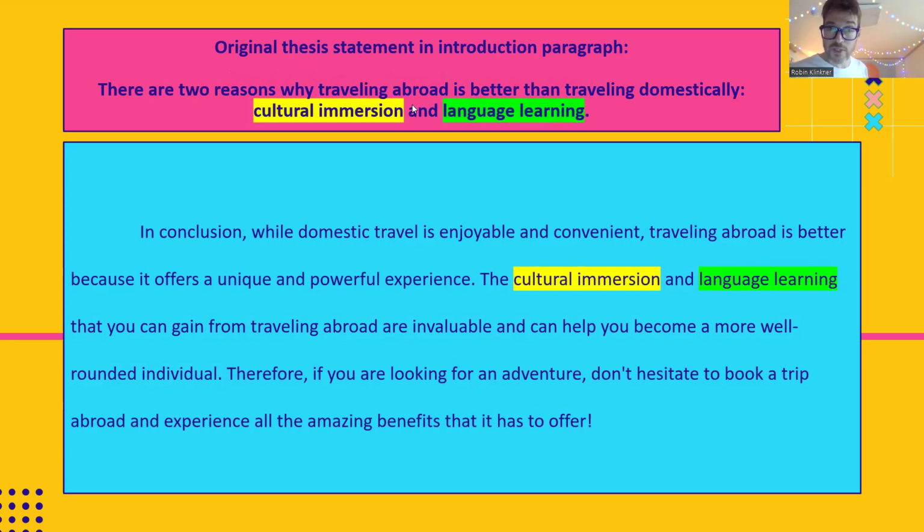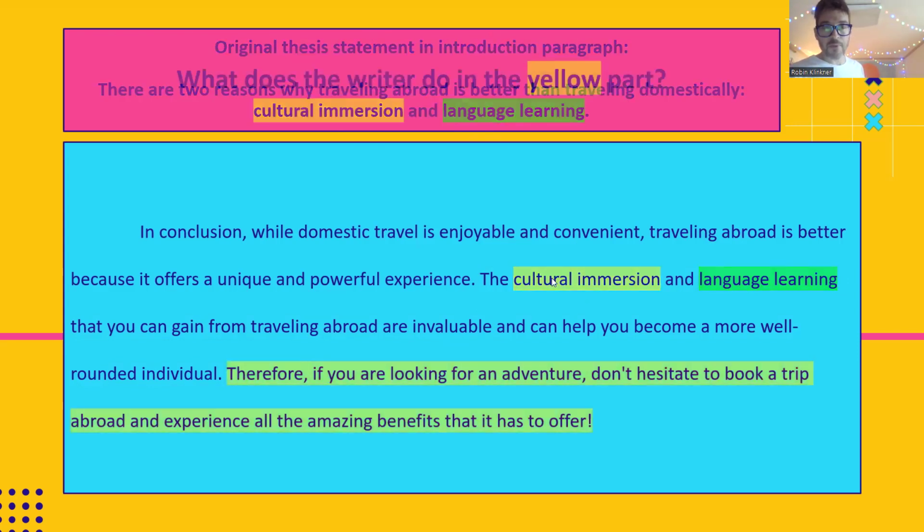When you read the original thesis statement, you know body paragraph 1, cultural immersion. Body paragraph 2, language learning. And this is the summary. Now, it's okay to reuse these same words because this sentence is completely different than that sentence. But these are key words. It's not easy to find different words that mean the same thing. So we summarize the main points.